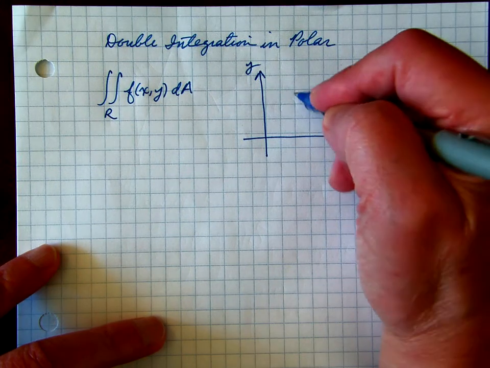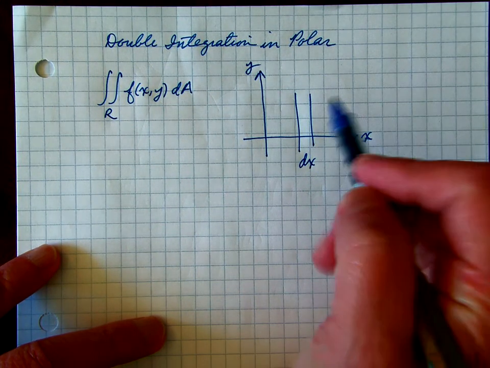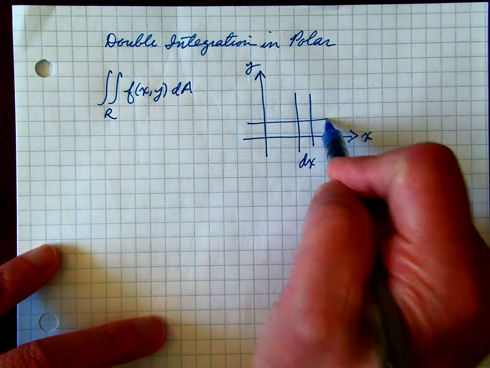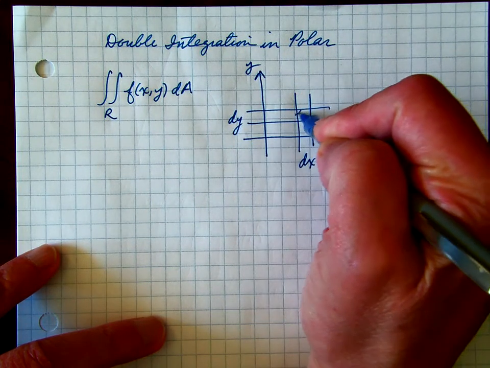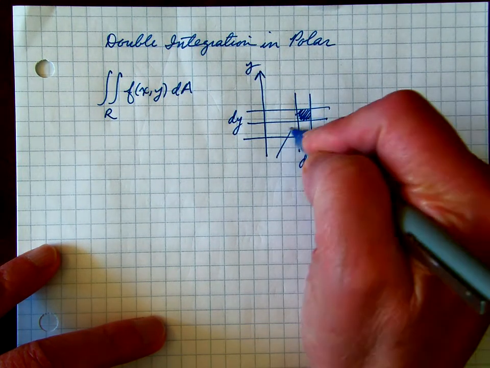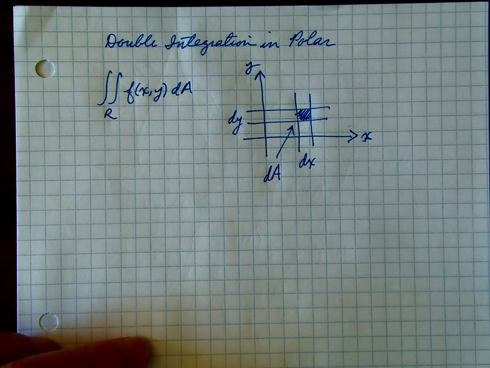And if we simply take a slice of width dx and we take a horizontal slice of width dy, we end up with a nice little rectangle, and that's a reminder of what dA is.